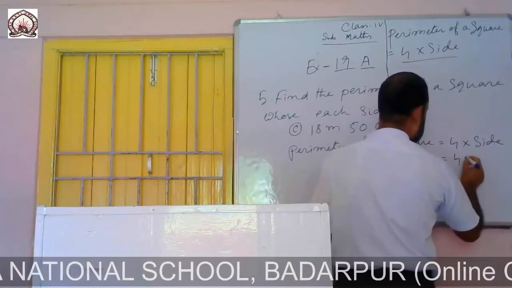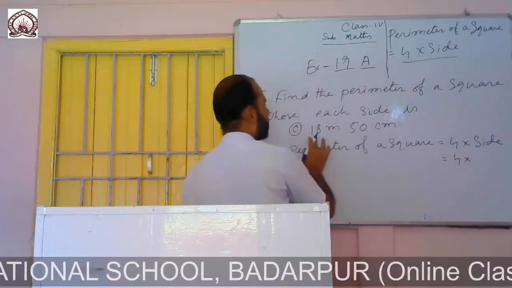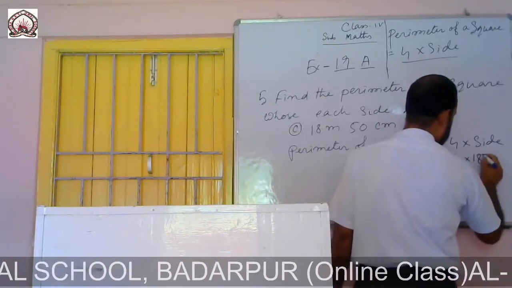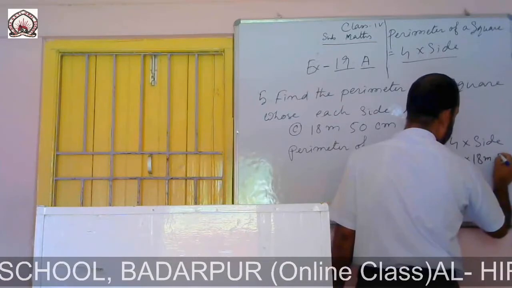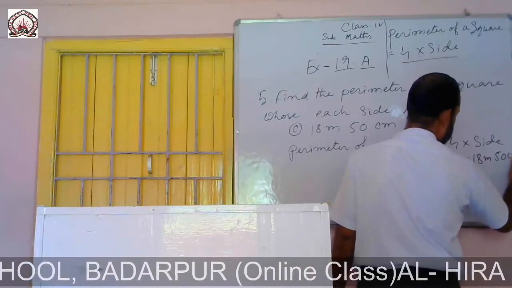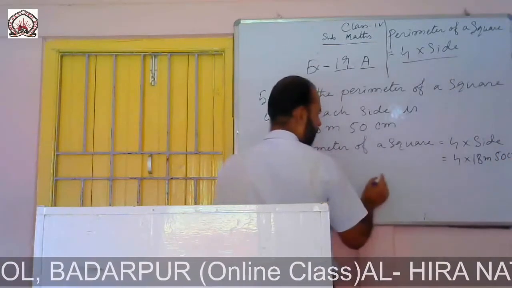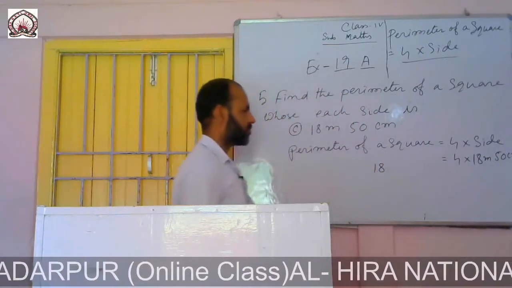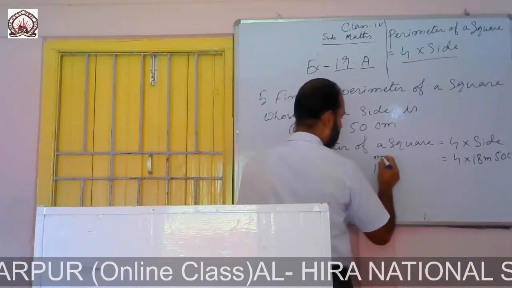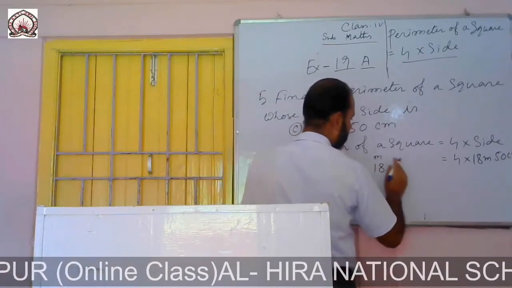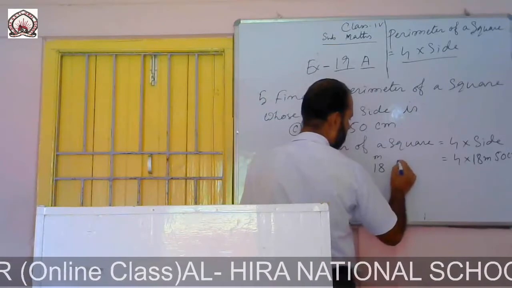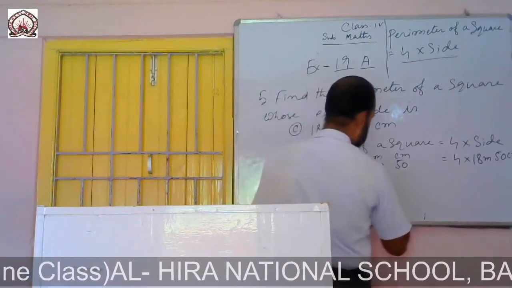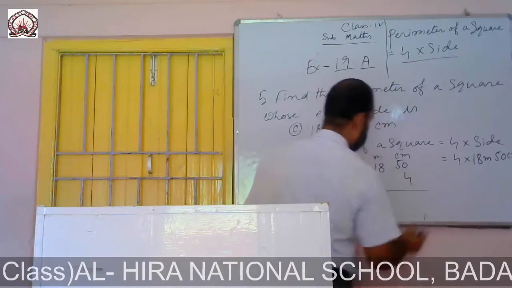So here 4 into side equals 18 meter and 50 centimeter. So now we multiply 18 meter and 50 centimeter by 4.